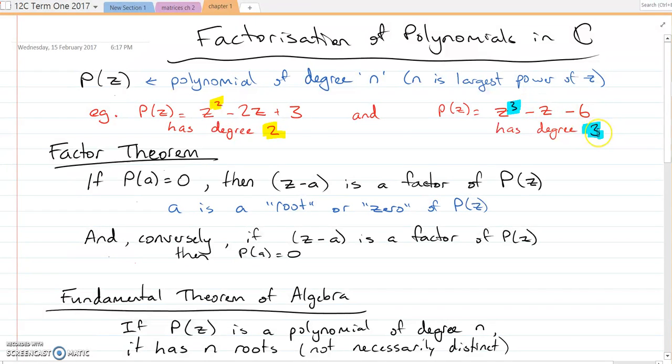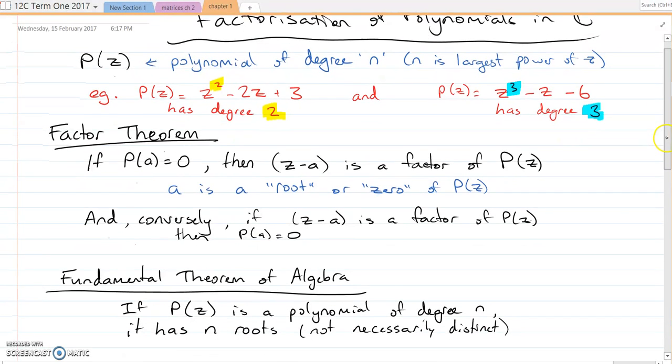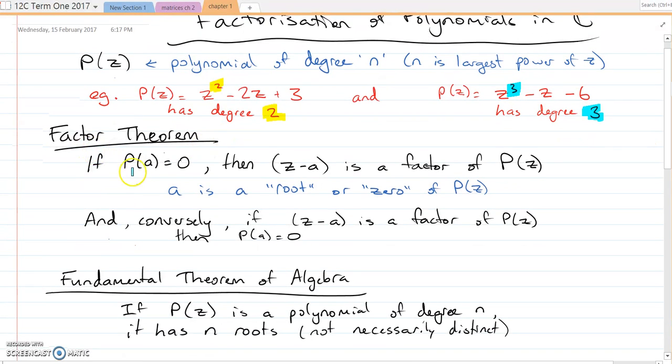degree 3. Okay, so a couple of theorems that we'll need to use in this chapter. Okay, the factor theorem. If p(a) equals 0, then z minus a is a factor of p(z). Okay, and this is telling us that whatever that number a is, that is a root or a 0.